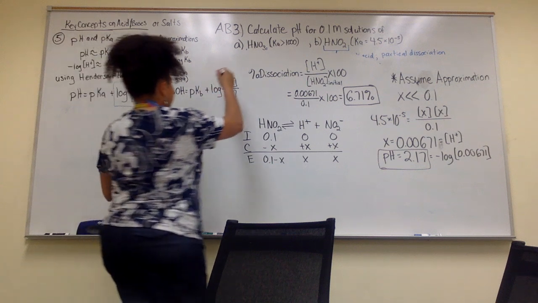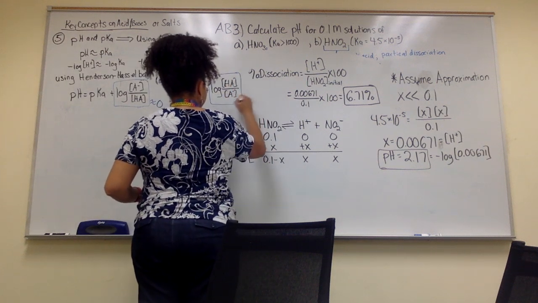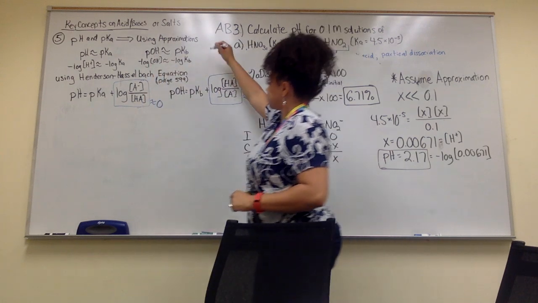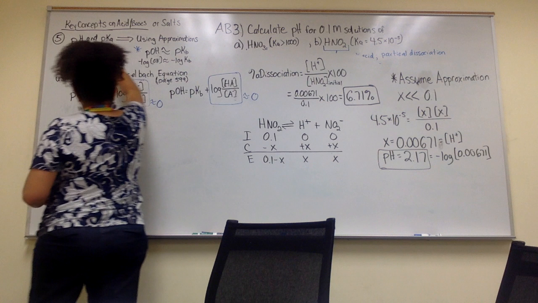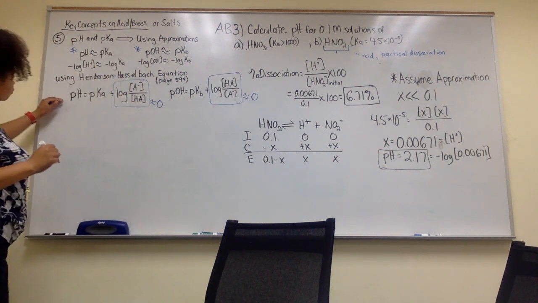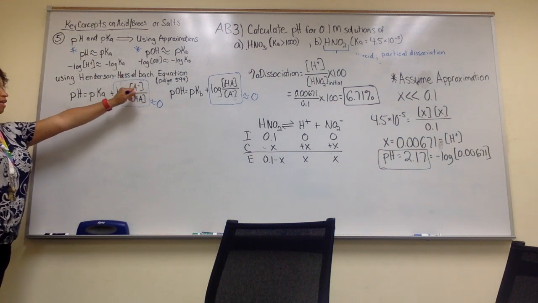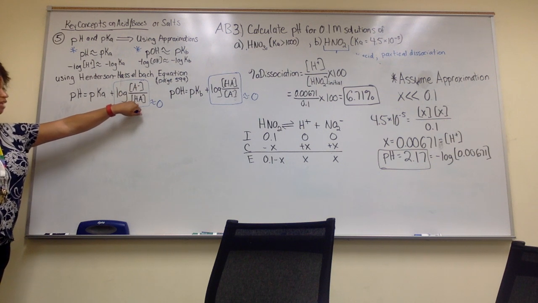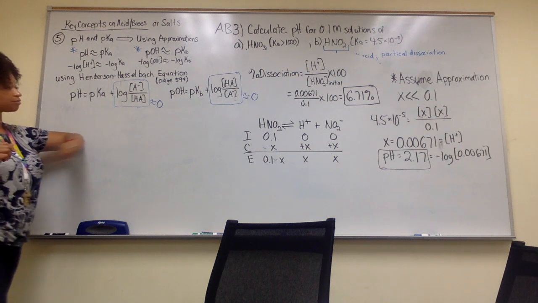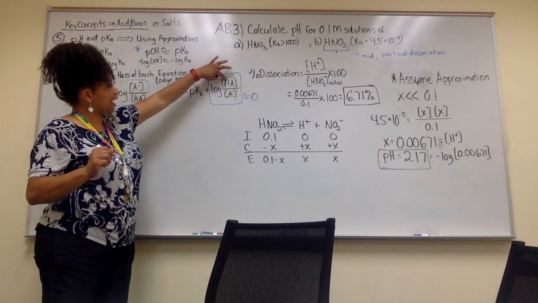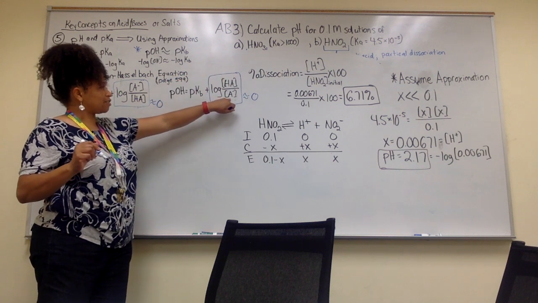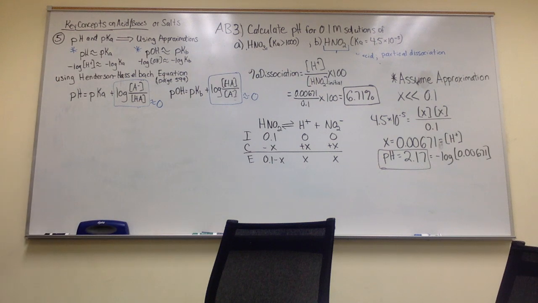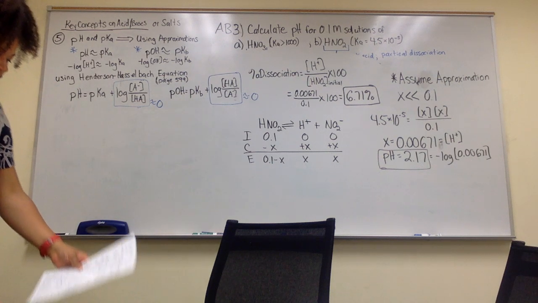That would also mean that this term here is about equal to 0 as we're making these assumptions and approximations. So this is true if the log of the conjugate base over the initial concentration of the acid is almost 0, or the log of the conjugate acid divided by the concentration of base is almost 0. Okay? All right. So now let's move along.